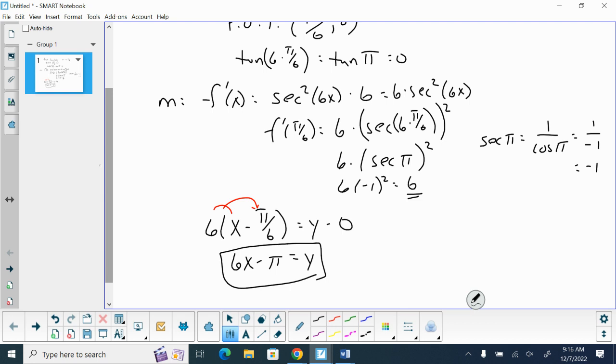Now if we look at the normal line, this is tangent. If I look at normal, our slope then just turns into the opposite reciprocal.